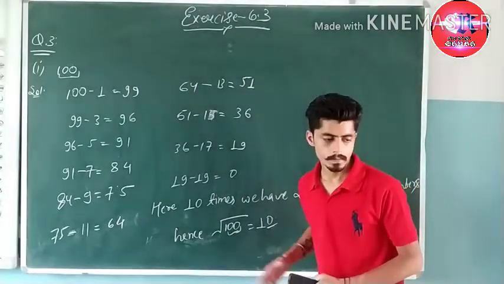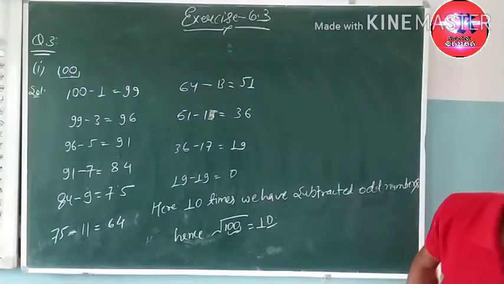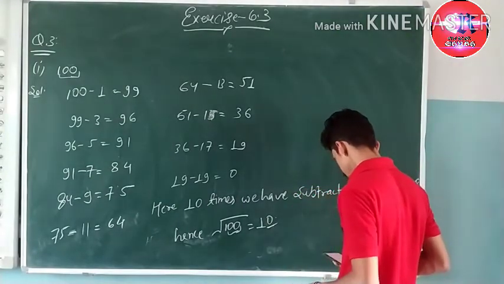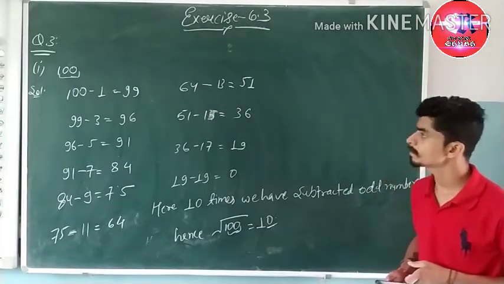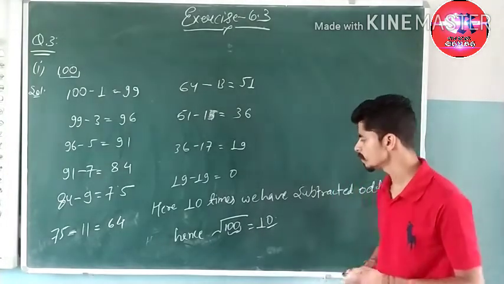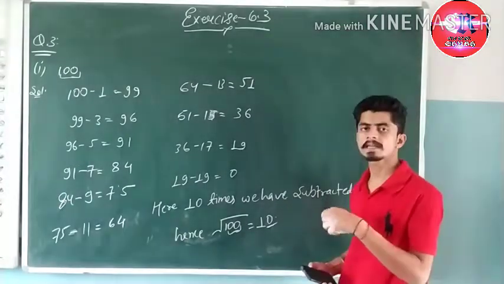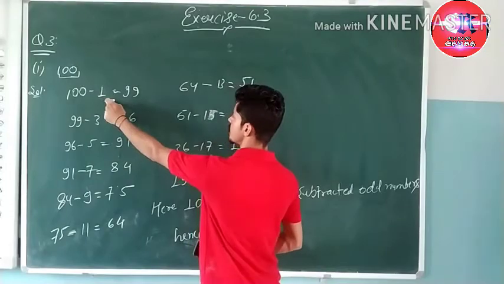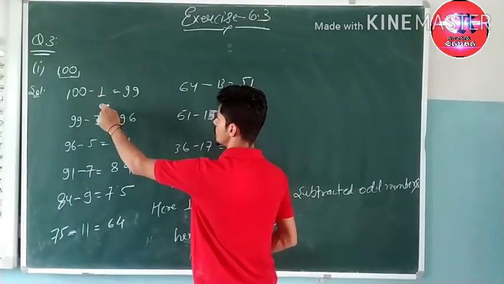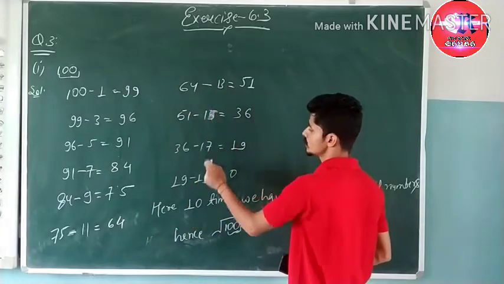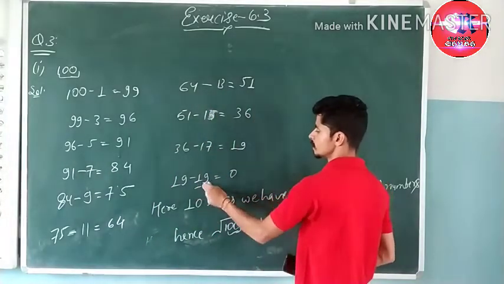So one more thing we have to notice here, which is that the sum of the first n odd numbers is n square. That means the first odd natural number is 1, all these numbers are natural, and the consecutive odd numbers are there.